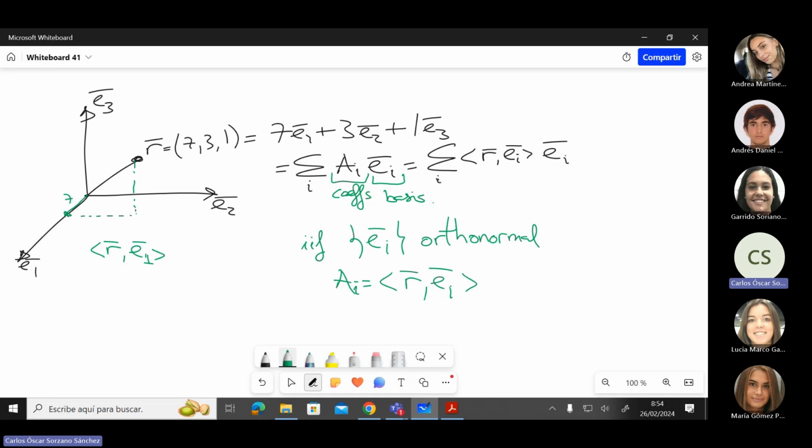So this point here is 7, and then E1. So you have to travel 7 units in the direction of E1. Okay, so this is the length. This part here is the length of the projection of R onto E1.